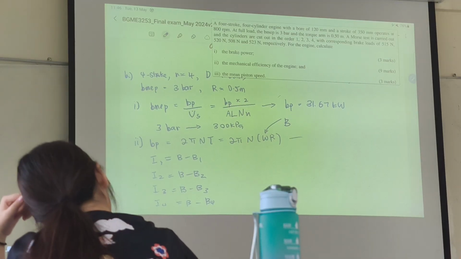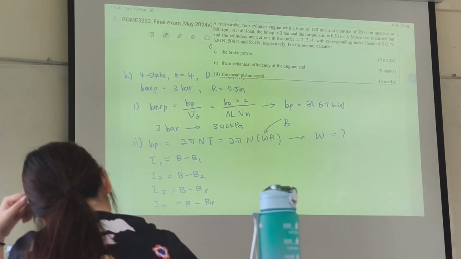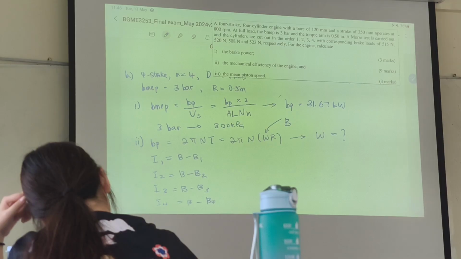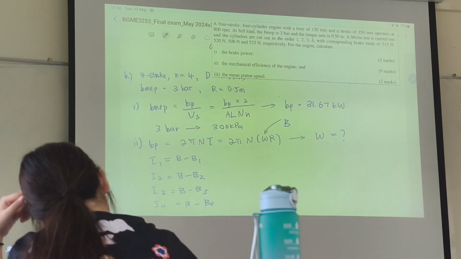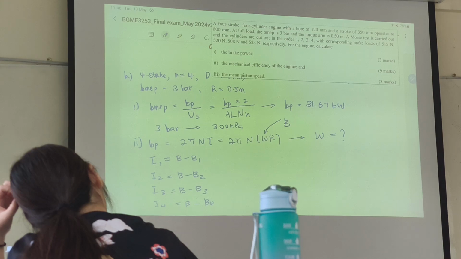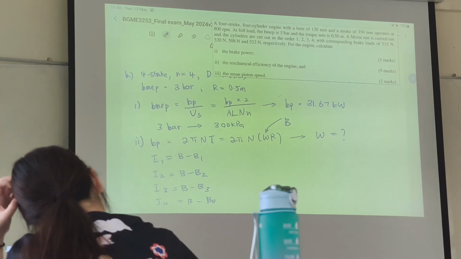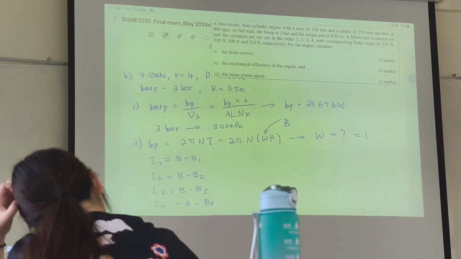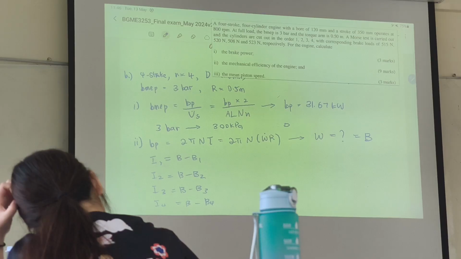So from here, you calculate W first. Because with R, you have the engine speed N, the 2 pi, and you have just found the brake power from 1. From here, you can find W, which is also equal to B in this case.